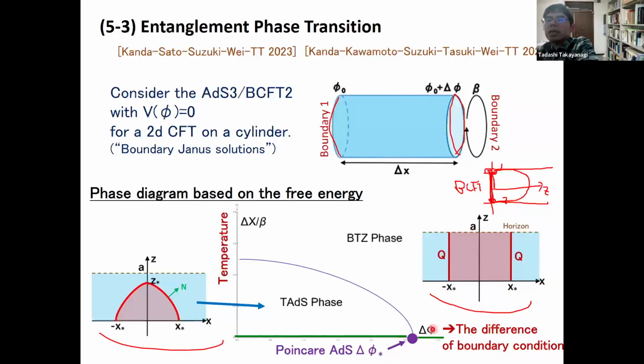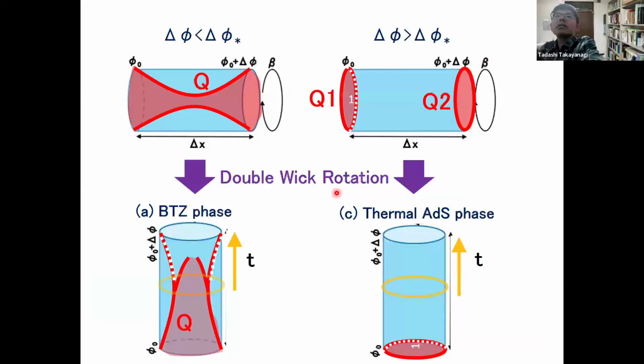But the new thing here is that we have a critical point. That's what you can see in this picture. Here is the geometrical picture. Same thing: when delta phi is small, they are connected, but when delta phi is very large, they are disconnected.